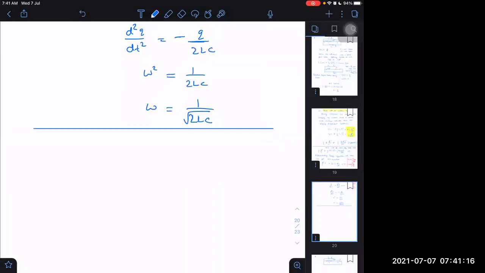Yes. Initially the current is maximum because in this particular question, the initial current, that is just after, not before, just after opening the switch, is maximum.